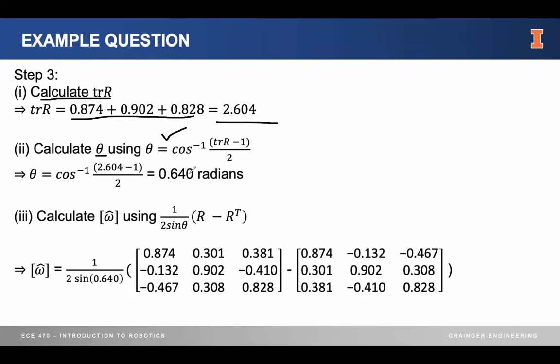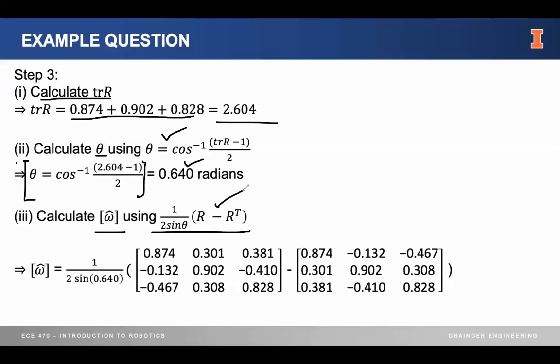So we put in the value of the trace and calculate the angle theta, which comes out to 0.64 radians. Now we have to calculate our axis omega, which we calculate using the formula 1 over 2 sine theta multiplied by the difference of the rotation matrix and its transpose.